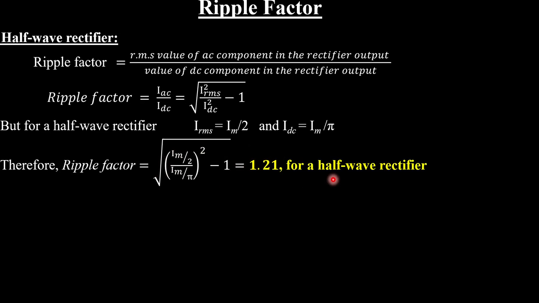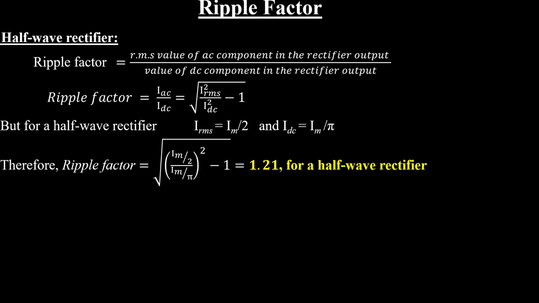And you can see that it is greater than 1. Ripple factor greater than 1 means IAC is greater than IDC. So the AC component is greater than the DC component in the case of a half wave rectifier output.